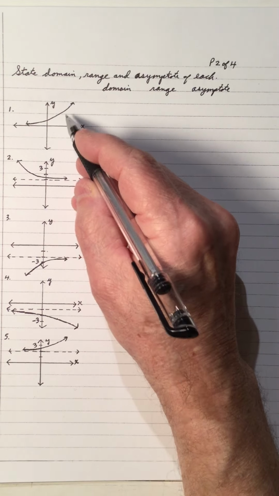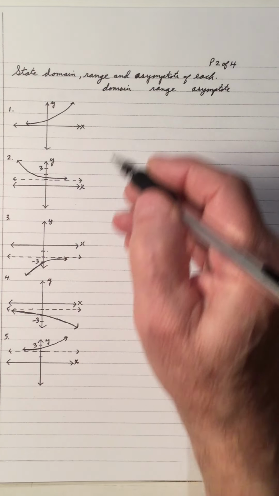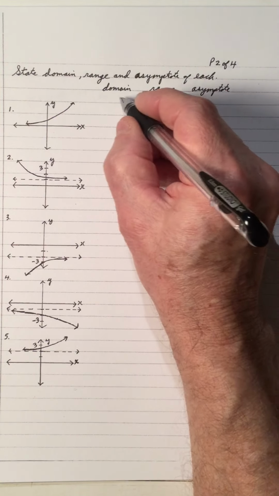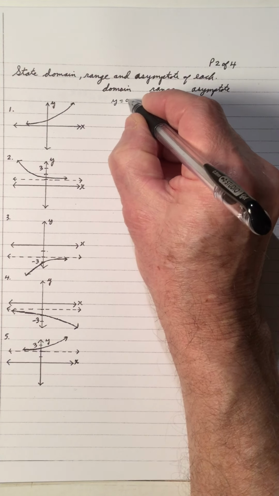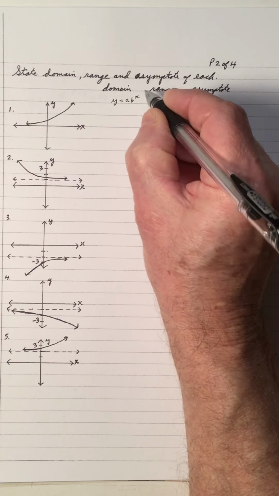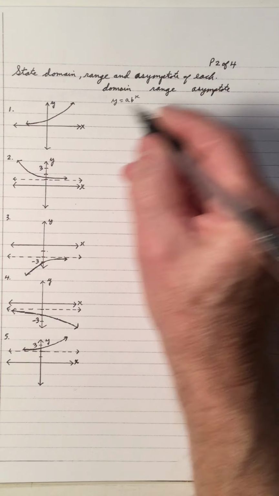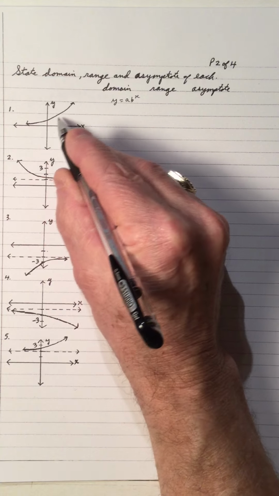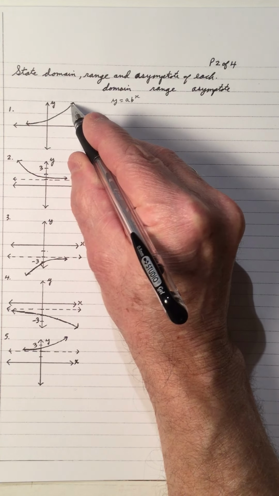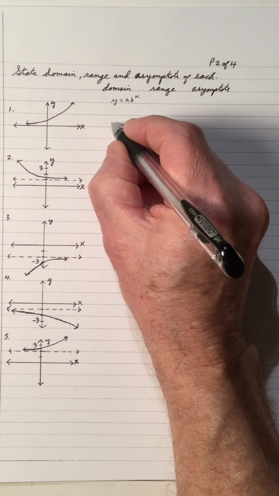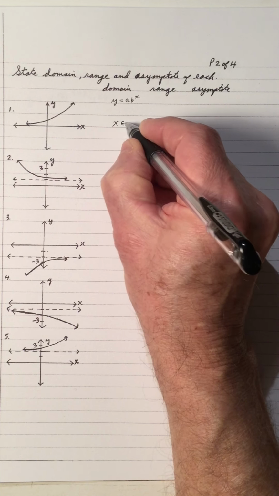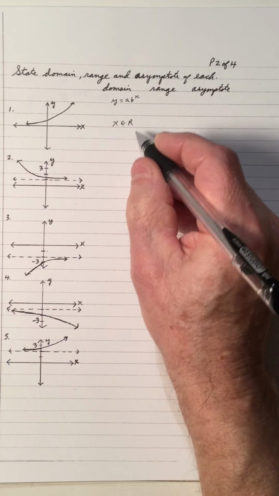Notice all the graphs we're looking at, the domain of the exponential function, which is y equals ab to the x. If we look at this one right here, it is a growth curve because it's going up to the right. The domain of all of these is always x belongs to the real numbers.